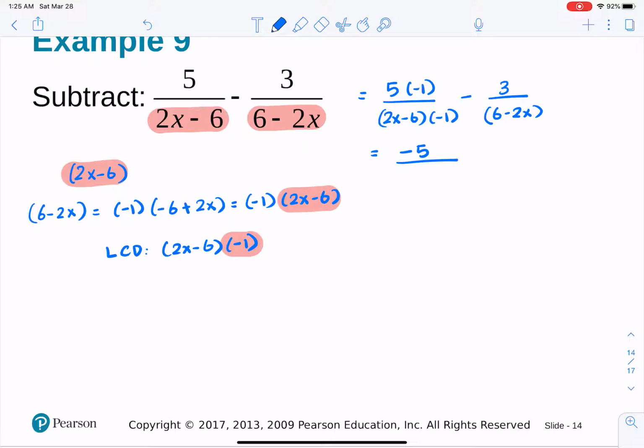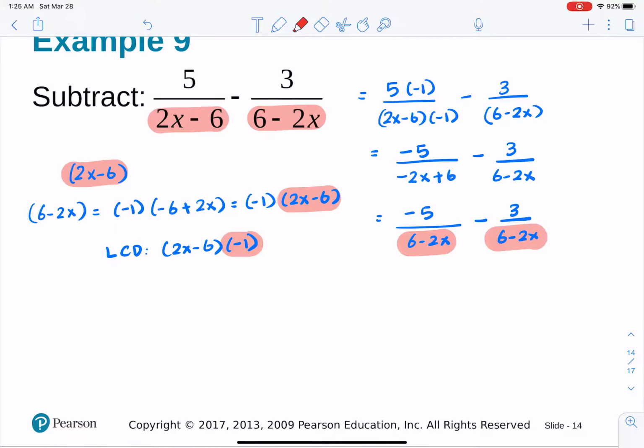If I distribute the negative, I end up getting negative 2x plus 6 minus 3 divided by 6 minus 2x. But you have to realize that negative 2x plus 6 is simply 6 minus 2x, minus 3 over 6 minus 2x. I have a common denominator, so I'm going to put that common denominator and combine the numerators. So we have negative 8 over 6 minus 2x.